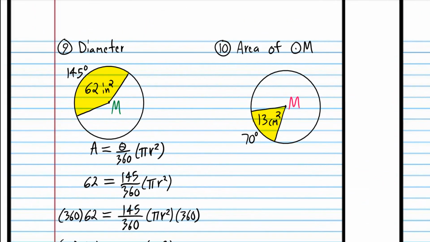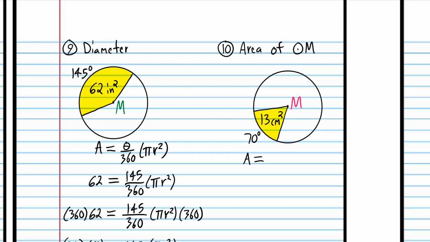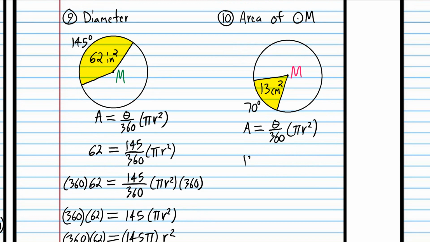All right, we're back. Area of the sector equals theta over 360 times pi times r squared. We know that the area is 13. And the central angle we know is 70 degrees because that's the same number, same angle magnitude of the arc.